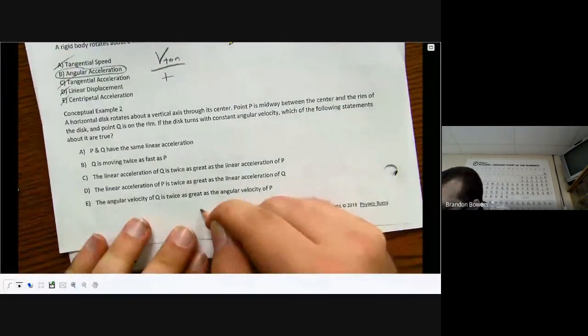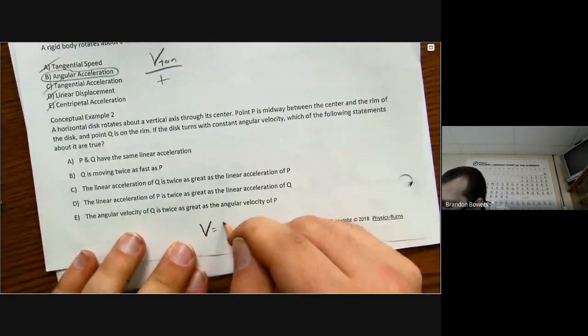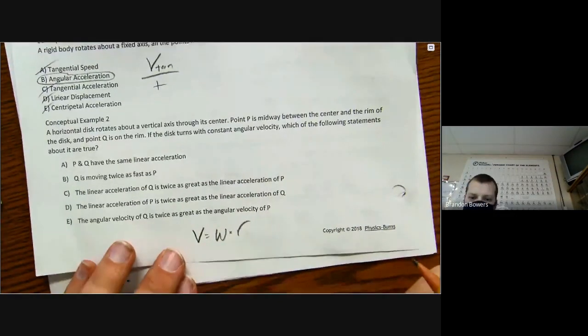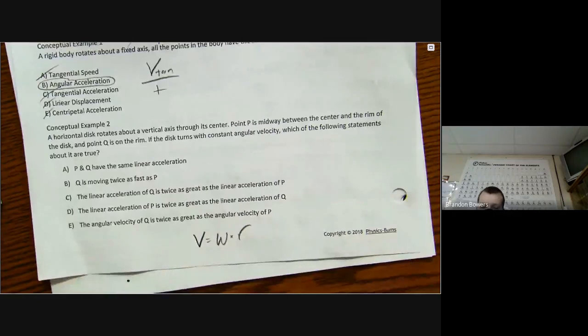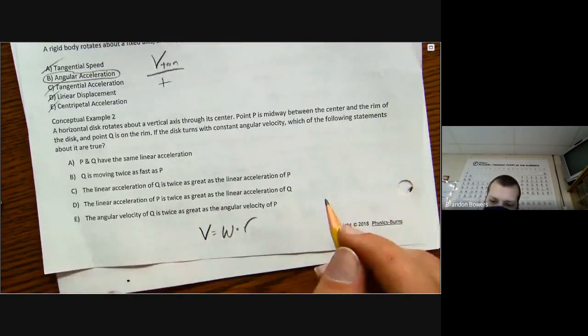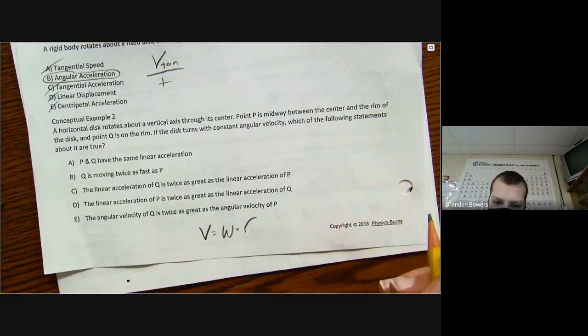Velocity is equal to omega times the radius. Omega times the radius. All right, so omega for my radius. My omega is going to be the same for each one.